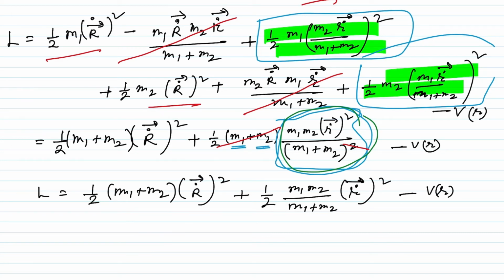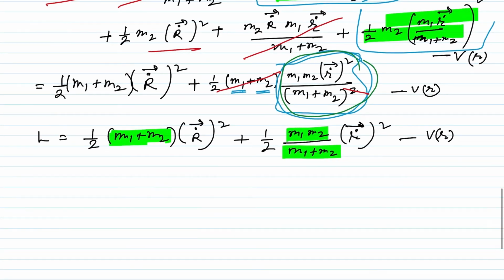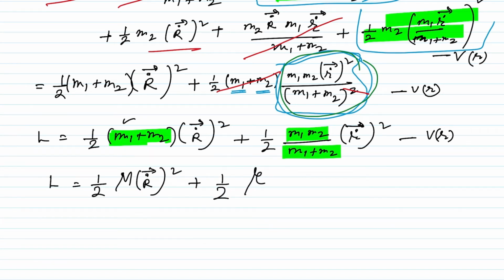Now let us take this one as capital M, and this one will be nothing but the reduced mass, m1 m2 by m1 plus m2. This one will be called reduced mass. So let us take this one as mu and this one as capital M. Then we can write the equation as L equals half capital M capital R dot vector square plus half mu small r dot vector square minus potential energy V r.